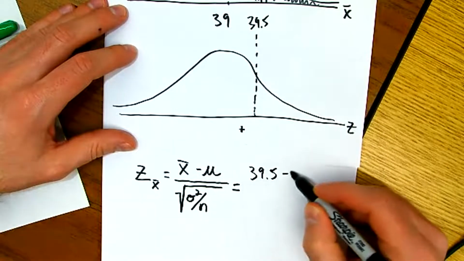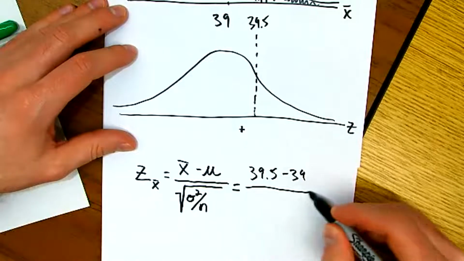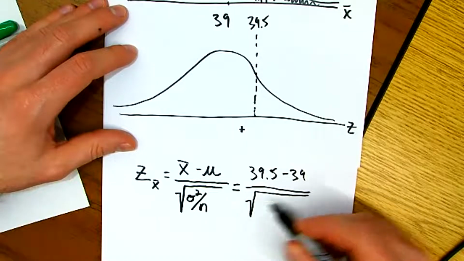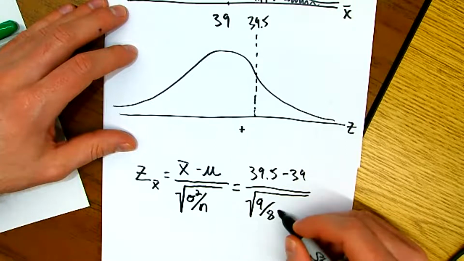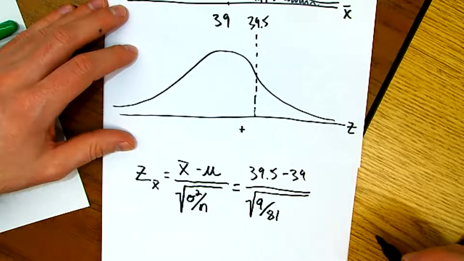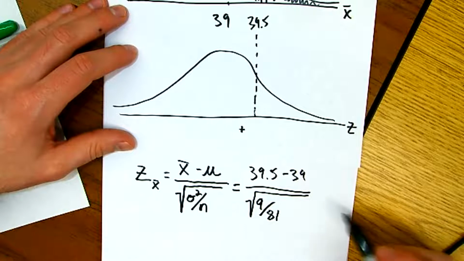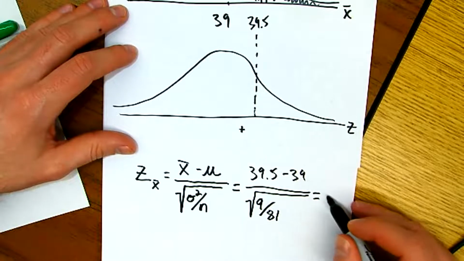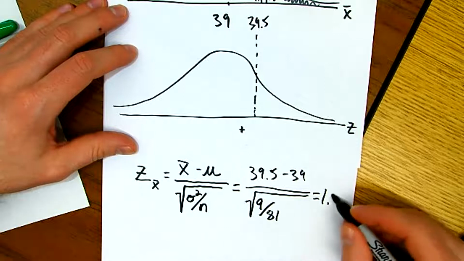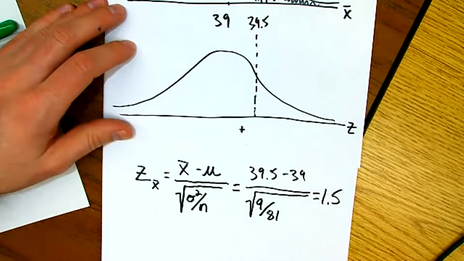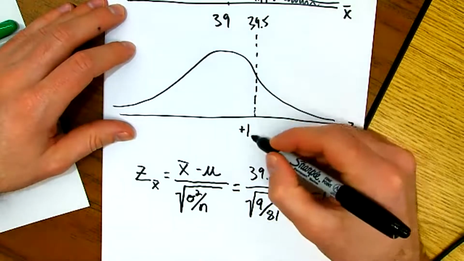The mean was 39, the variance of the original data we sampled from was 9, and the sample size was 81. So if I do this, it would be 0.5 over, 1/9, so 1/3. I think this should be 1.5, if I'm doing the math in my head correctly.